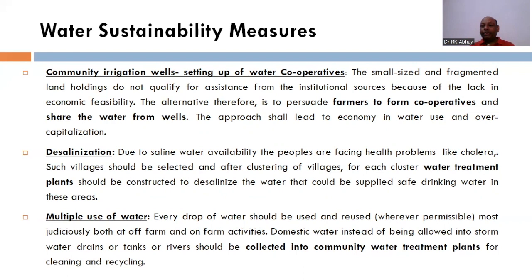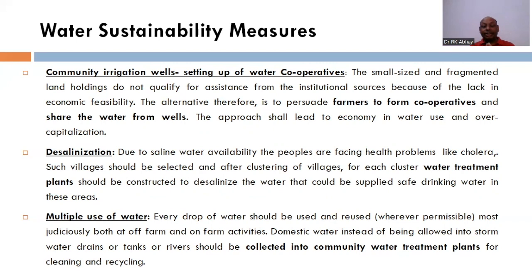Therefore, farmers are required to form cooperatives and share the water from wells. So 6, 7, 8 or 10 people can make a water cooperative and have a single well, because for one farmer the cost of constructing a well and the amount of production will not match. But if there are 10 or 20 people, the benefits can be shared. And this approach shall lead to economy in water use and avoid overcapitalization.